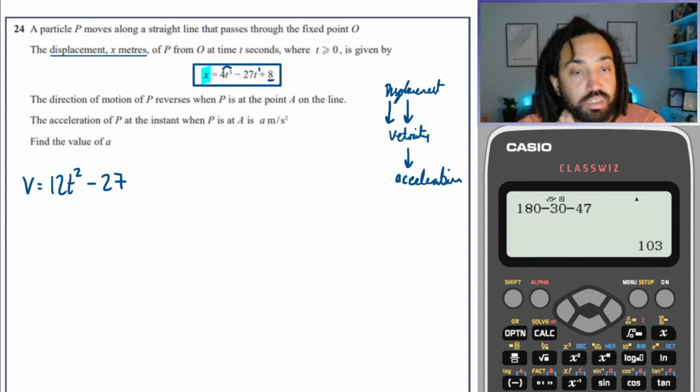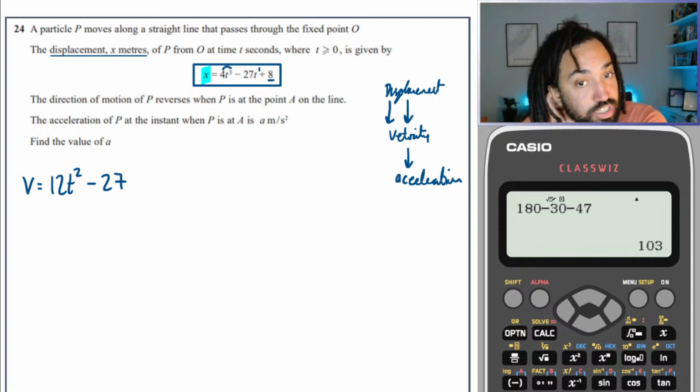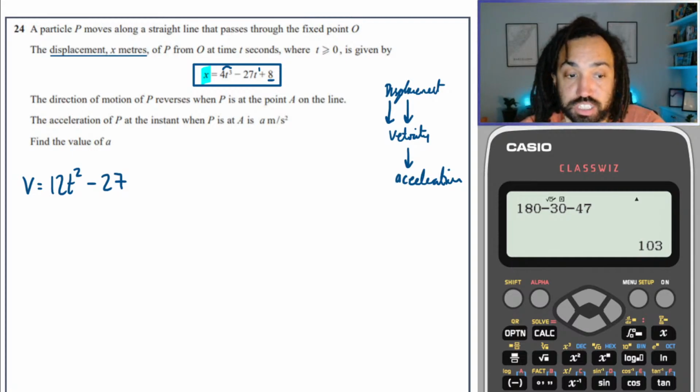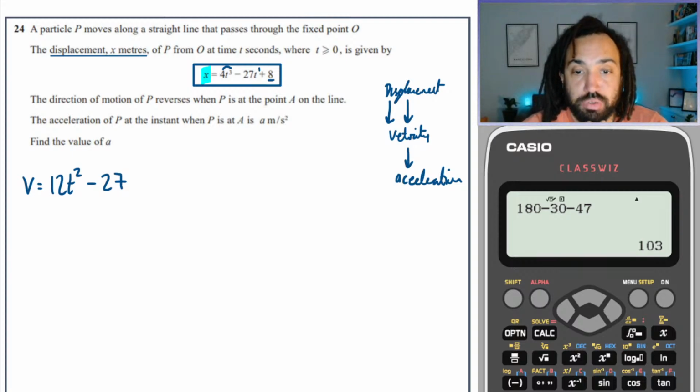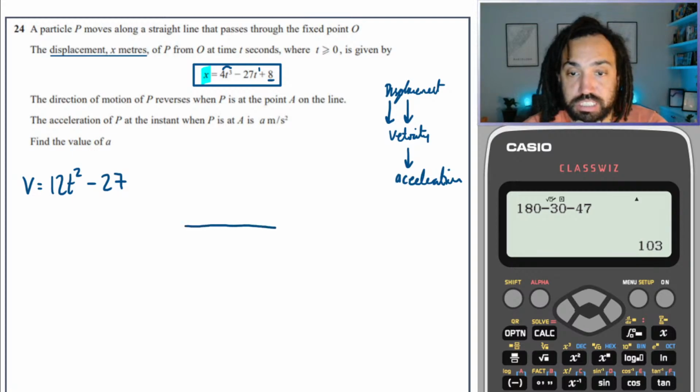Okay. It then says that the direction of motion reverses when P is at the point A on the line. So we've got this situation where the object is moving in one direction, like so, and then at some point it changes direction and turns back on itself and starts moving in the other direction.